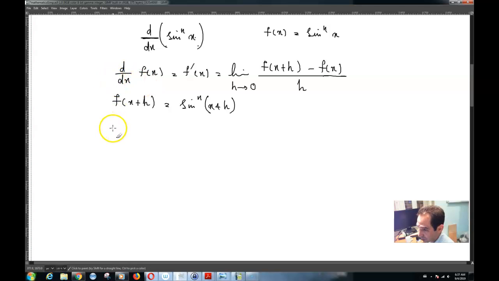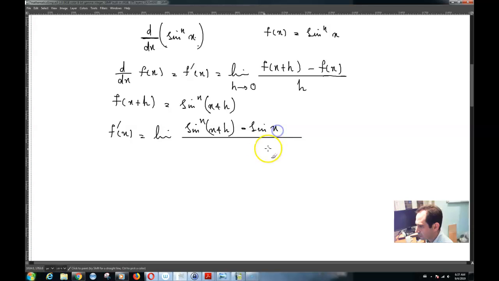So then f prime of x is going to be equal to the limit of f of x plus h, which is sine raised to the power n of x plus h, minus sine raised to the power n of x, over h as h tends to 0.